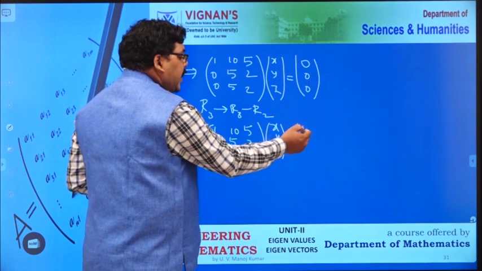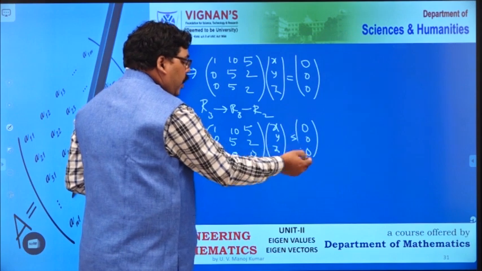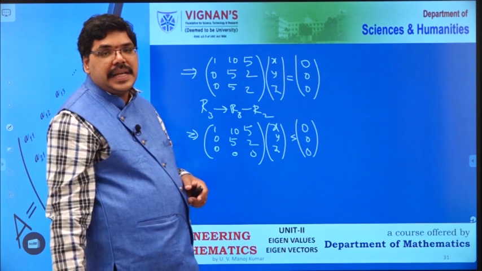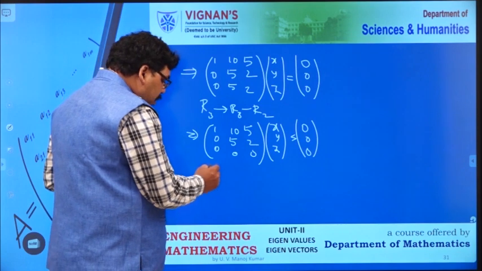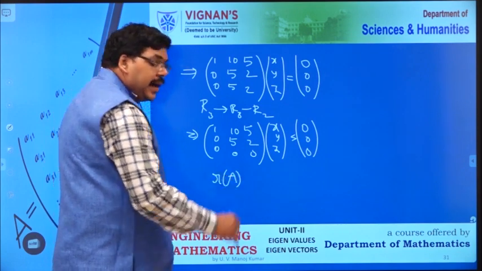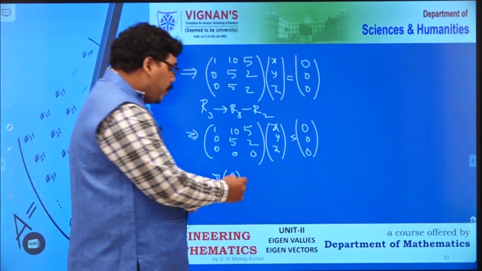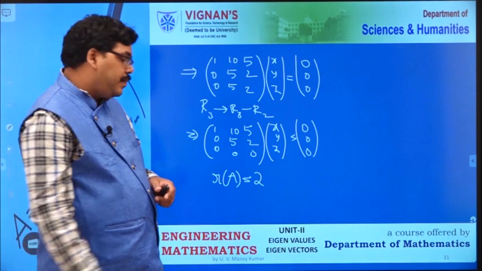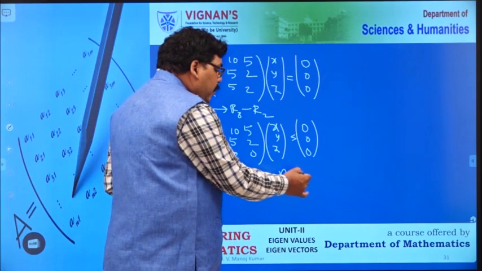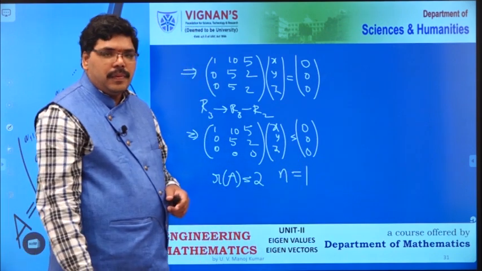So when the matrix A is in echelon form, now we can discuss the consistency of the system of equations. So what is the rank of A? Rank of A equals 2. What is the number of variables? Number of variables n equals 3.